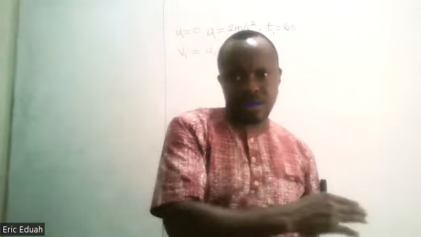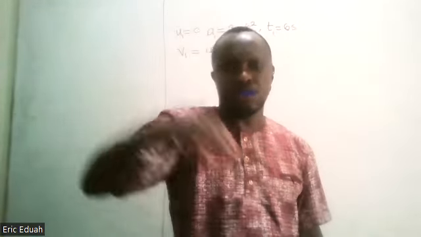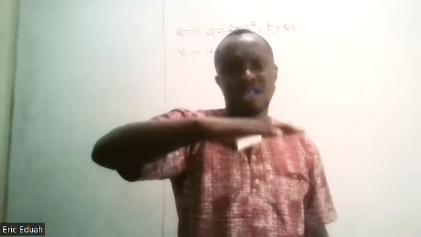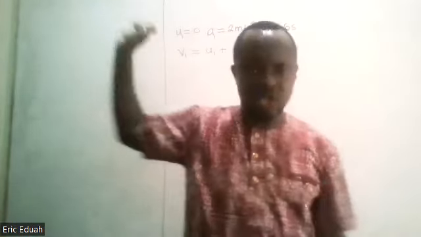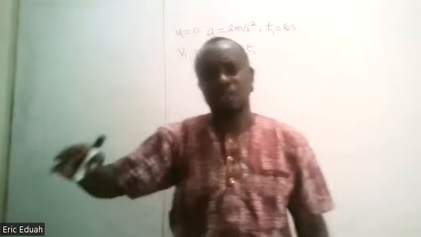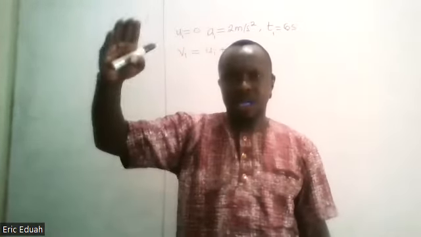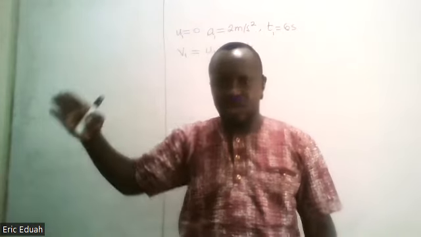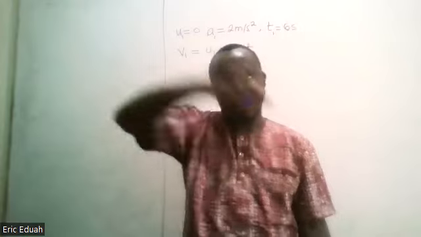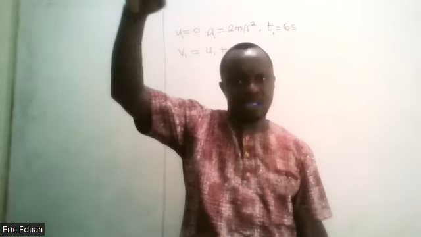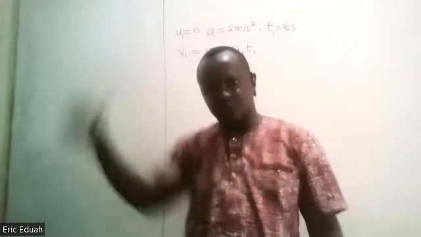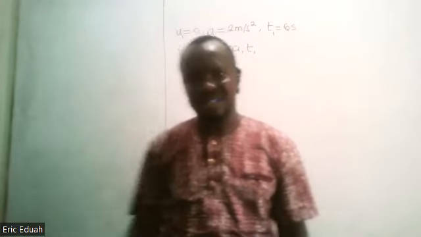When the body accelerates, it starts from rest and accelerates uniformly. Then in another stage of the motion, the velocity obtained is maintained. And then in the last part of the motion, the body decelerates uniformly to rest. So the motion is in 3 parts: a uniform acceleration, a zero acceleration, and then a uniform deceleration.